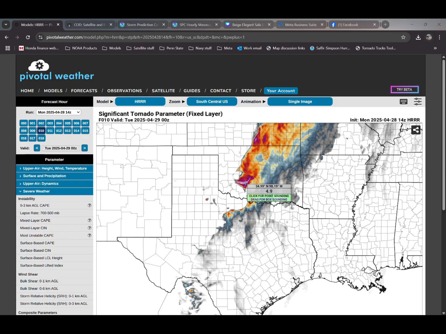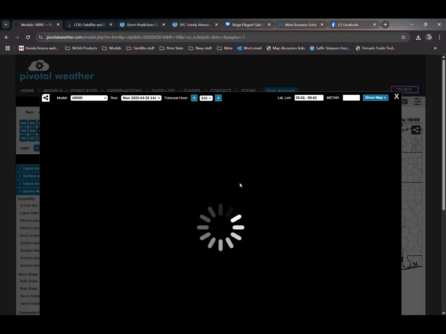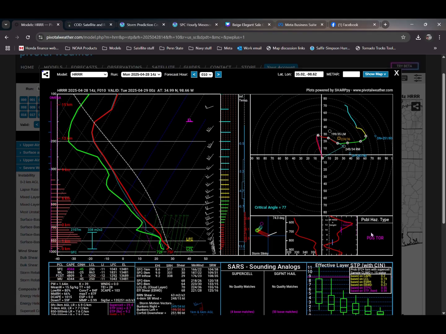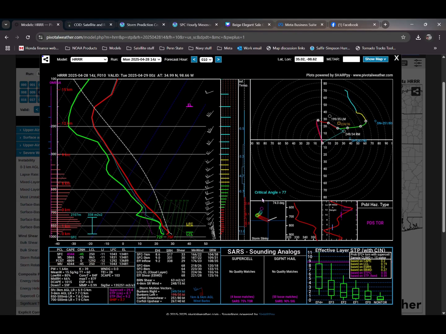5.5, 5.2, relatively high STP numbers. Let's take a look here. PDS tornado, that is the possible hazard type that is indicated with this storm. Definitely something that catches my eye. However, there aren't any sounding analogs, no quality matches for either supercells or significant hail.